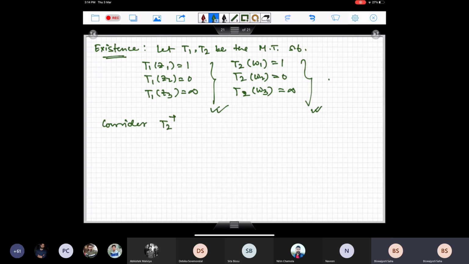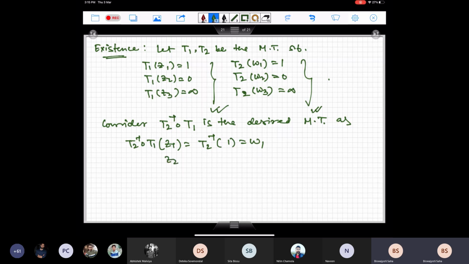Of course, the moment you know the form of T1, T2, you can immediately take the inverse. That is very simple. So, T2 inverse T1 is the desired Mobius transformation, as T2 inverse T1 of Z1 is equal to T2 inverse of 1, which is W1. Similarly, Z2 goes to W2, and Z3 goes to W3.